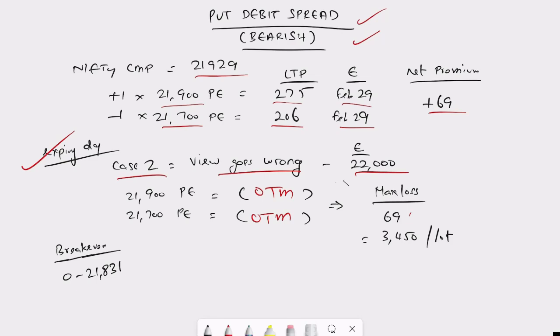So 275 will also become 0, 206 also will become 0. The difference of 69 will be the maximum loss, right? So since it's one lot of Nifty, the maximum loss is 3,450 per lot, right? So the break even is going to be the same. So if Nifty closes above 21,831, the spread will give us the maximum loss of 3,450 per lot.